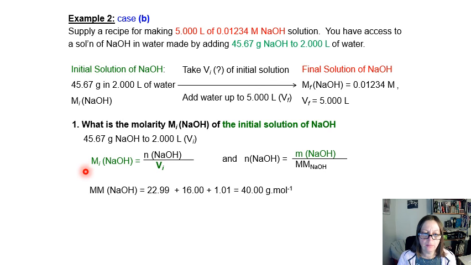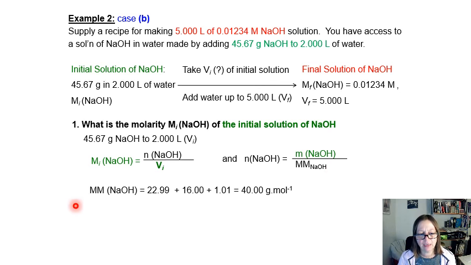We know that the molarity of our initial solution is defined by the number of moles of sodium hydroxide over the initial volume. And we can calculate the number of moles of sodium hydroxide by dividing the mass or weight of sodium hydroxide, 45.67, by the molar mass of sodium hydroxide.